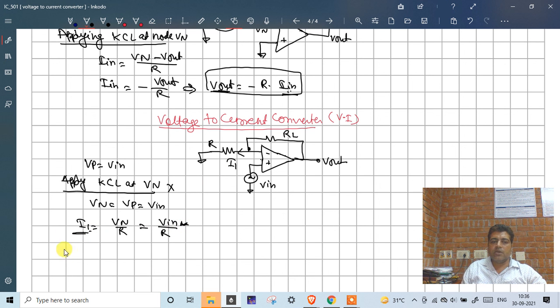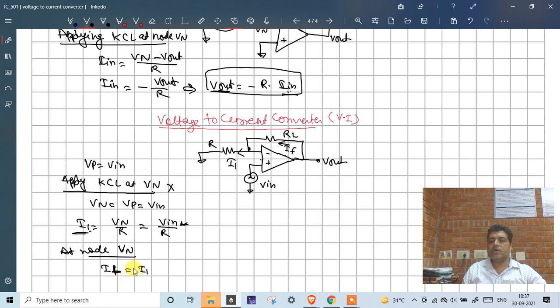Similarly, now at node Vn, the next current I am going to consider like this, IF. So I can write IF equal to I1. This feedback current is also known as load current.